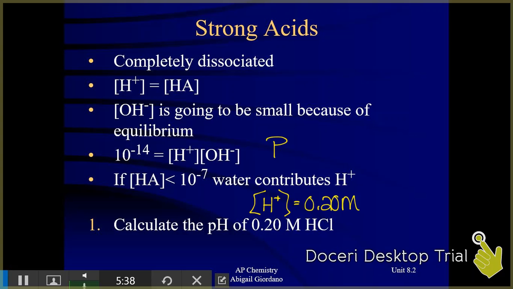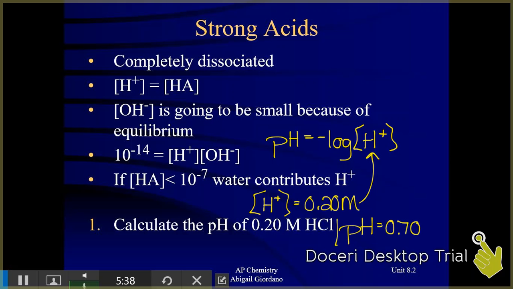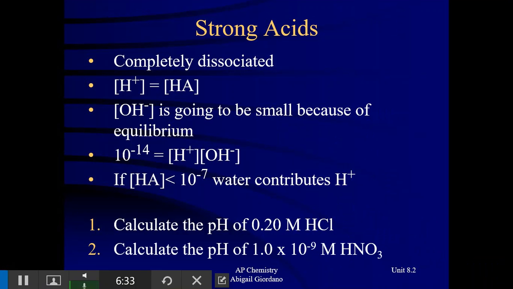Let's remember what the formula is to calculate pH. If we take the negative log of 0.20, let's round it to 2 significant figures, that gives me this pH. That should make sense to you. That's a very low pH, and it should be. This is a strong acid. Strong acids typically have very low, very acidic pHs. Okay, look at this second one.